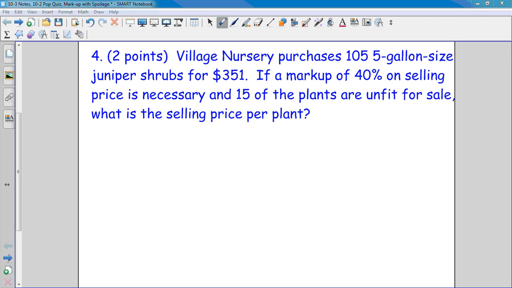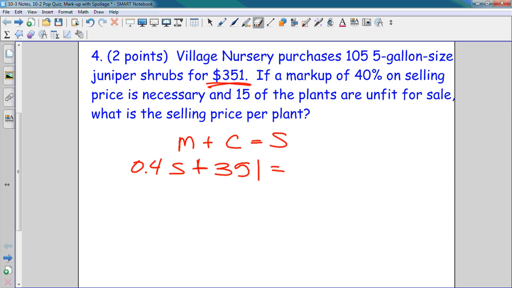Remember, markup plus cost equals selling price. I don't know my markup, but I do know my cost. What's my cost? Yeah, $351. I don't know my selling price, but I do know my markup: 40% of my selling price, so 0.4x.